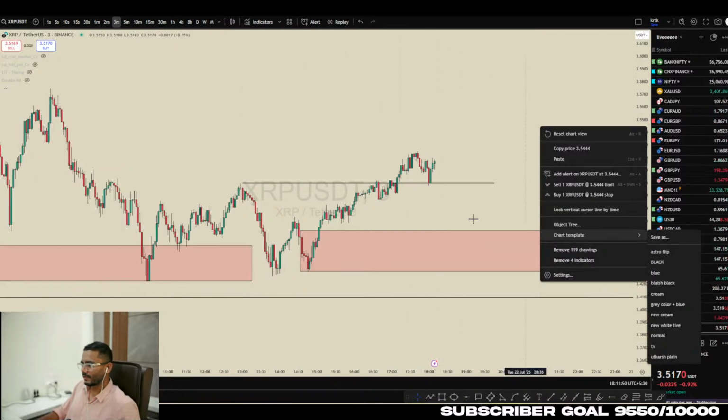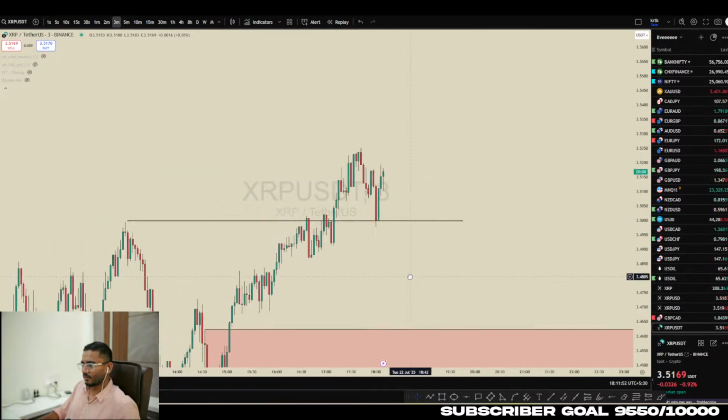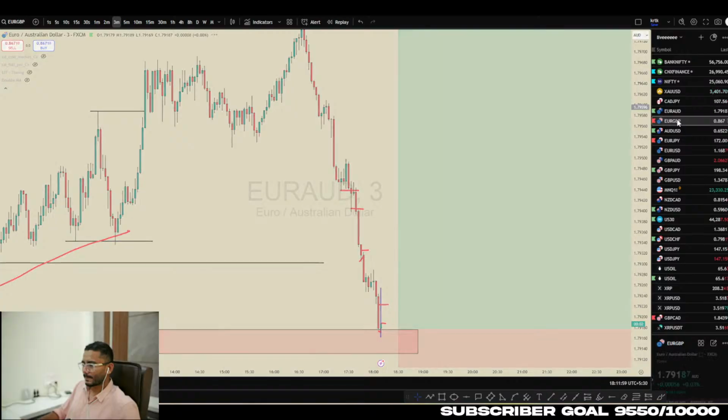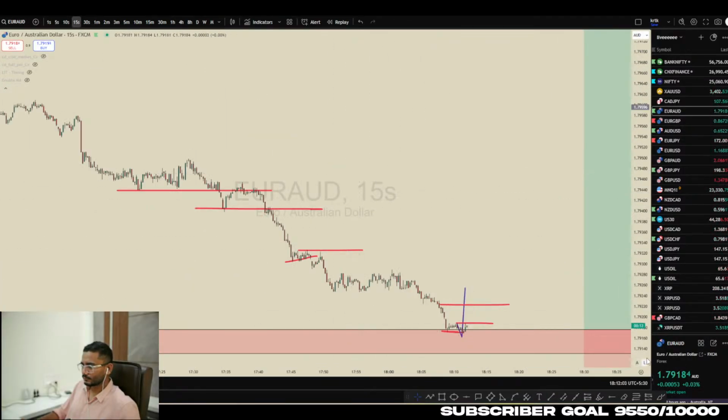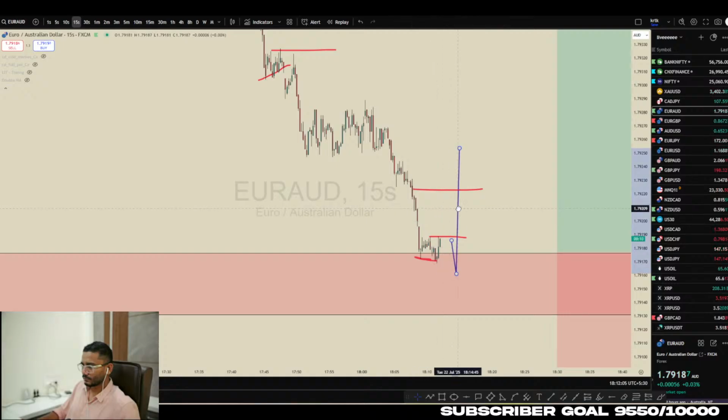On 5 minutes, we can see exactly there was an order block here. Okay, price has swept this previous low.